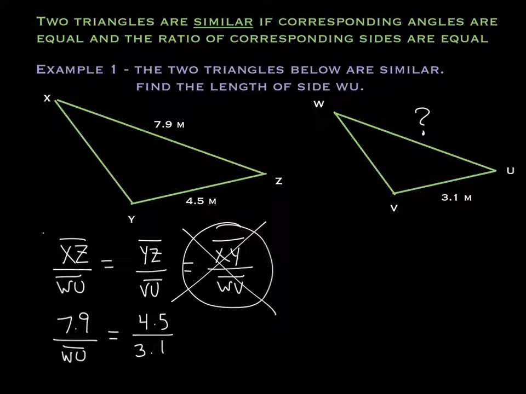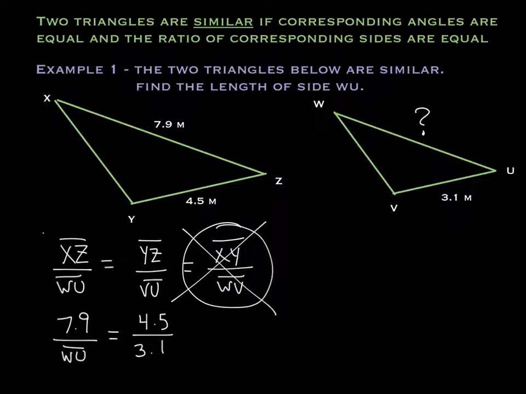Now we've got what we would call, in math terms, a proportion, right? To solve for WU, the shortcut I often show people is you take the two numbers that are across from each other and multiply them. So on your calculator, you'll say 7.9 times 3.1.